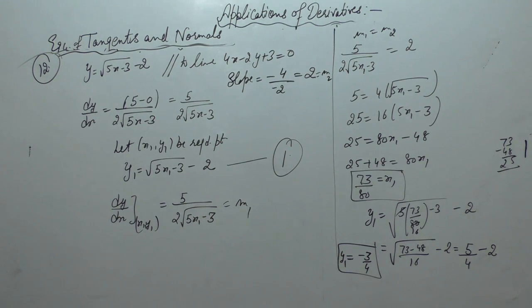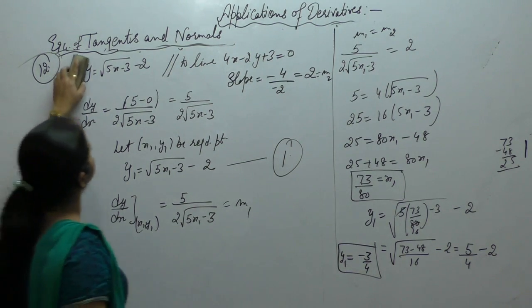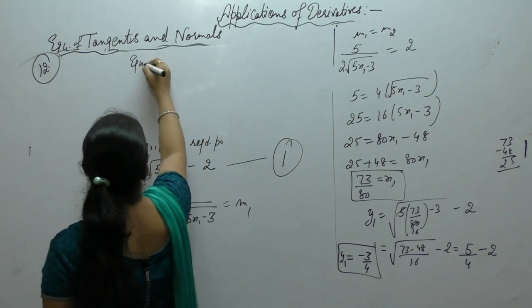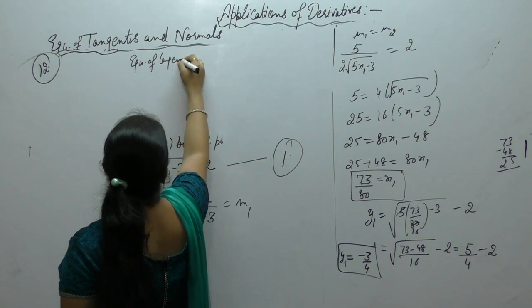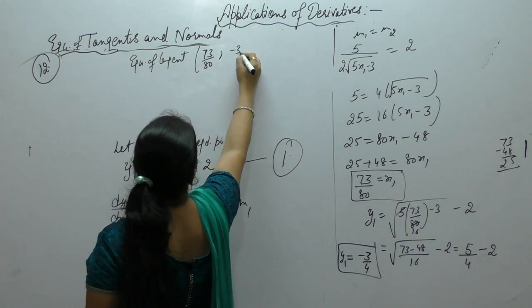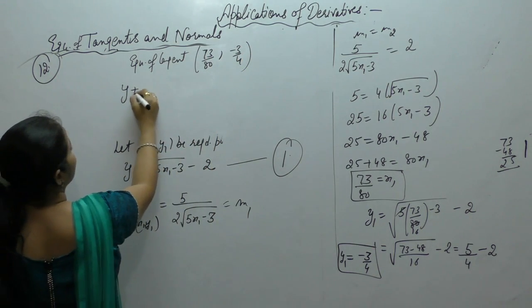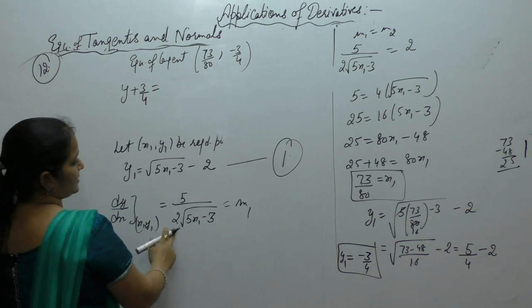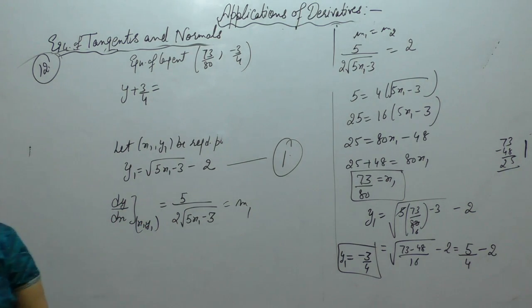Now we want to find the equation of tangent. So equation of tangent passes through (73/80, y1). Y minus y1 equals slope of tangent times (x minus x1).